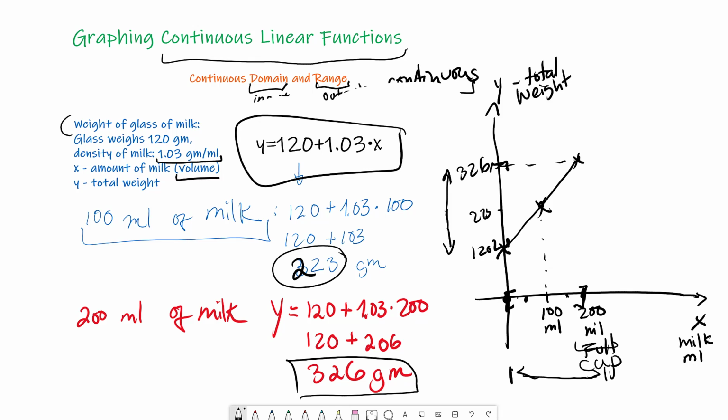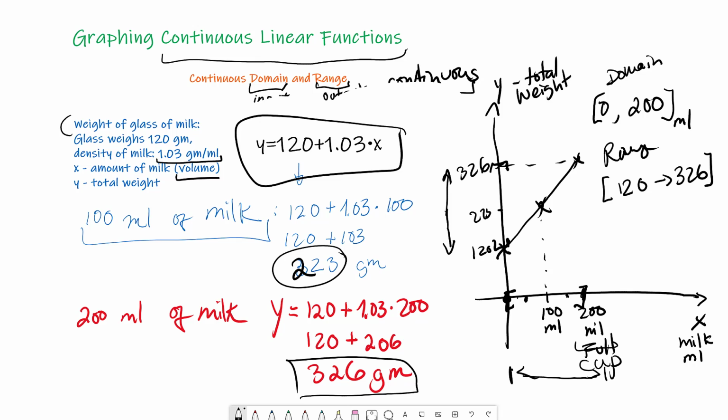So this is an example of a continuous linear function where we said we're allowed to go from 0, including, to 200 milliliters, including the endpoints. That's our domain. And our range now, as a result, is continuous from 120 all the way to 326 grams, including the edge points.